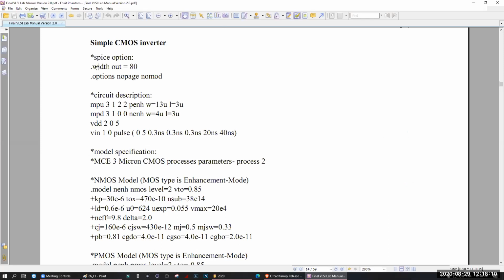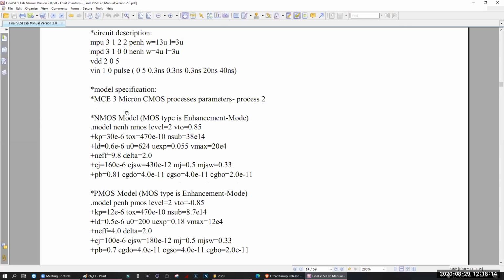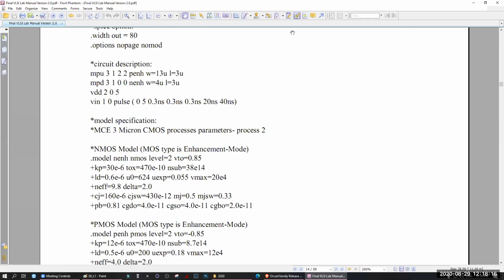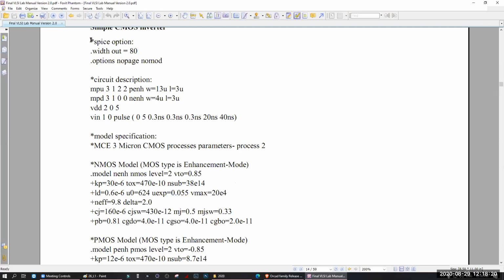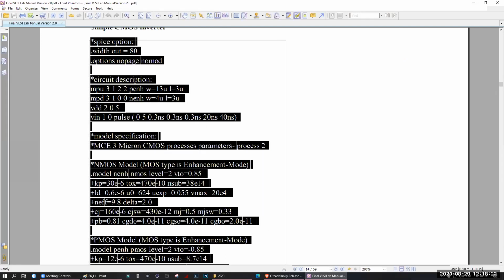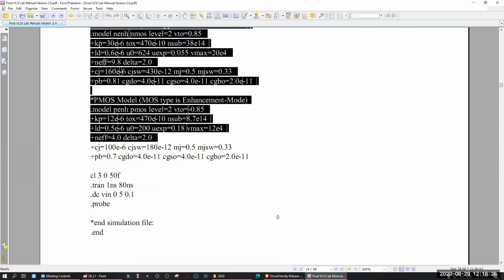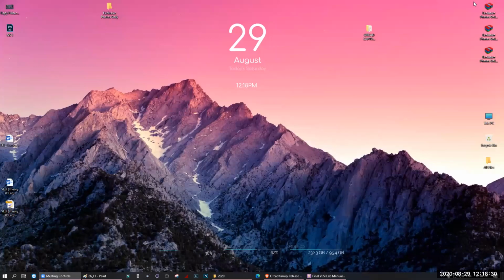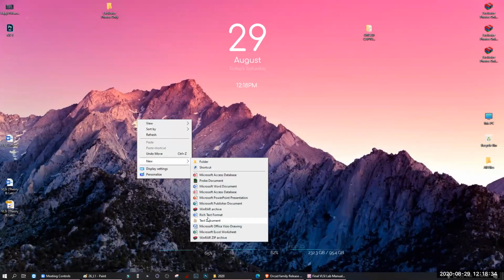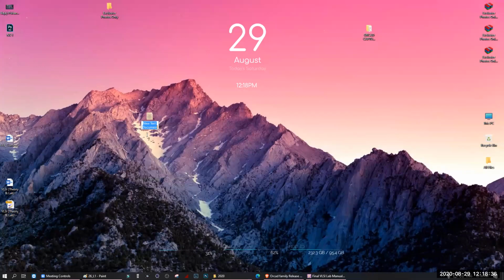Okay, this is the simple CMOS inverter code that is already given for you. I'm going to copy it with Control C, go to the desktop, and make a text document.